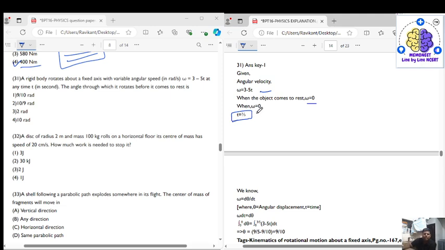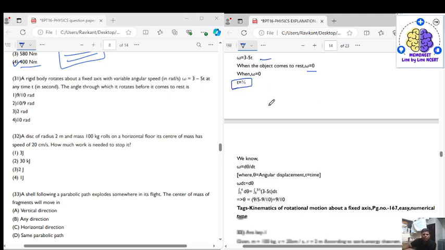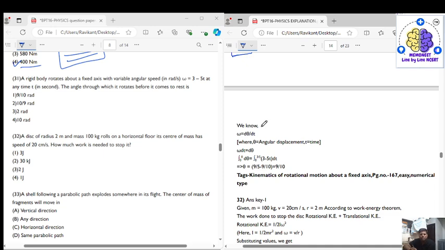3 by 5 seconds. They are asking you the angle, right? Omega is equals to d theta by dt. So we can write it as omega dt is equal to d theta. Integrating this with respect to time from 0 to 3 by 5.